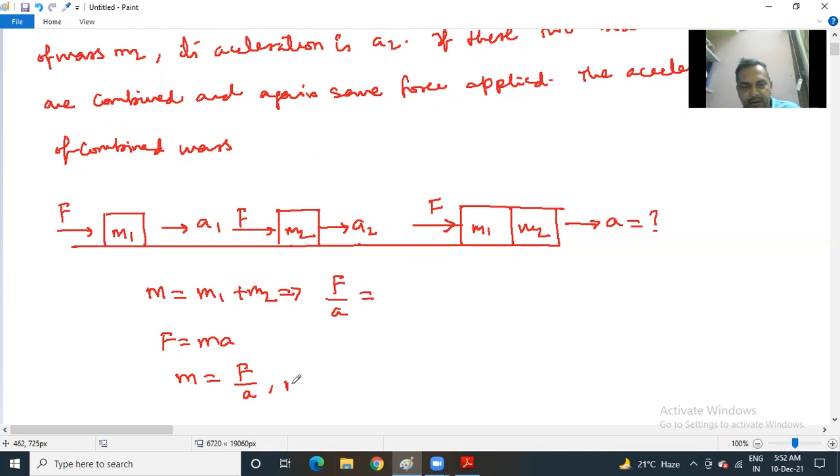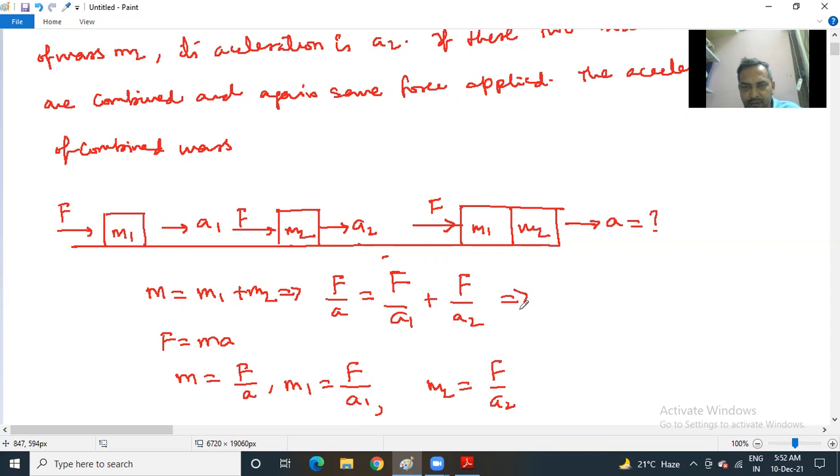Now we can write m1 is equal to, same force applied means you don't need to change F, F by a1, plus similarly F by a2, because m2 is equal to F by a2.